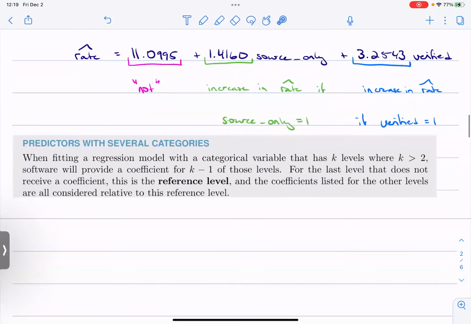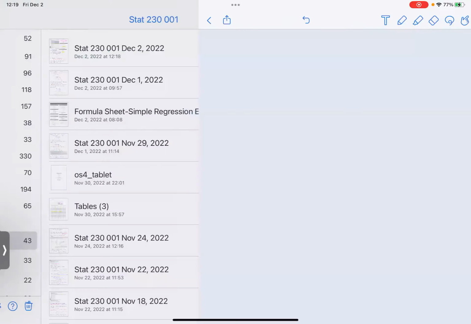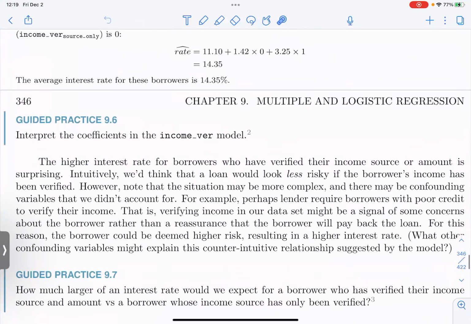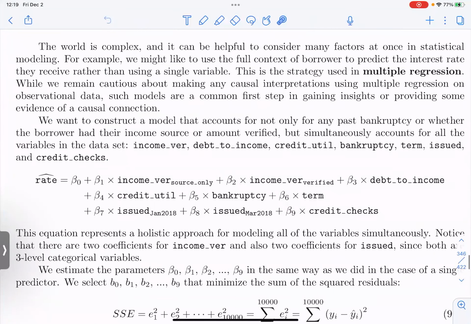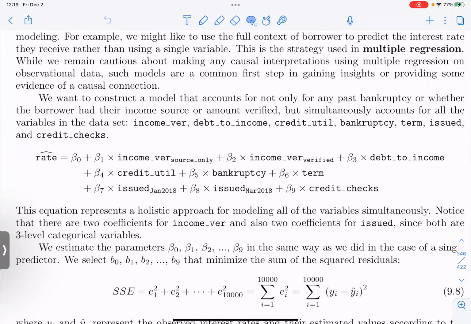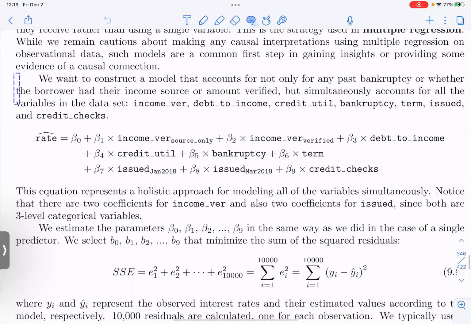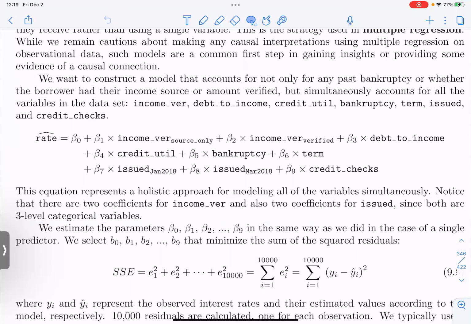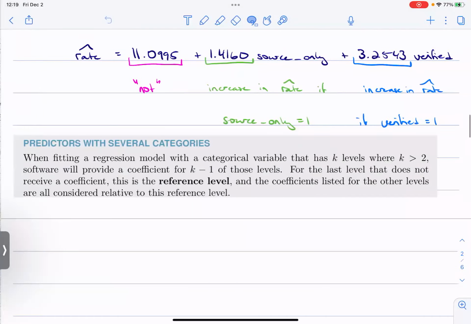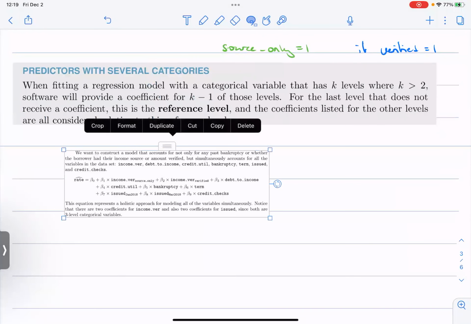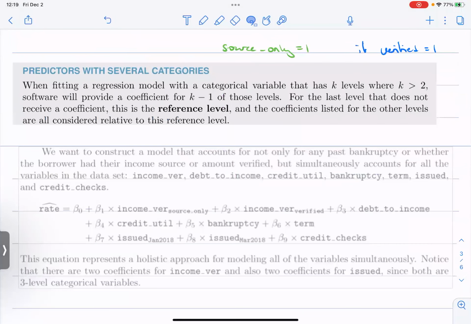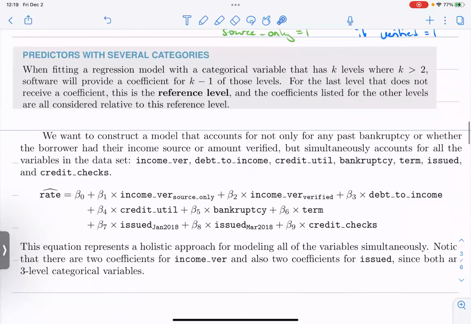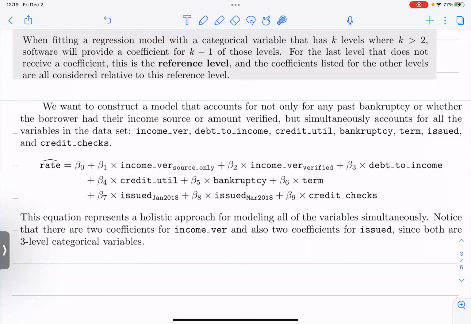And so what if we want to make a model that looks something like this? Technically they're betas, but we estimate them using software. So now we're using all these different variables.